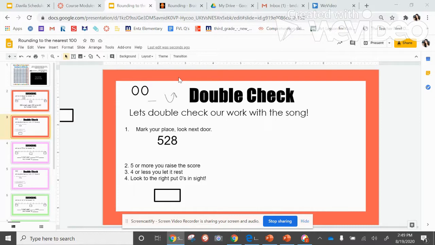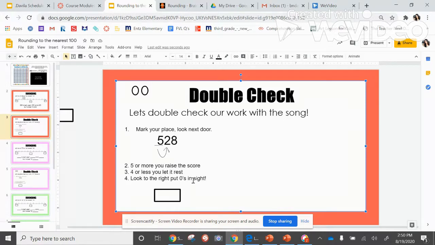So that means I'm going to mark the hundreds because I am rounding to the nearest hundreds. And then if I look next door, that actually points to the tens place. You see that? So mark your place, look next door. What's next door? This is what will tell us what to do with our hundreds. So let's move on to the next step.